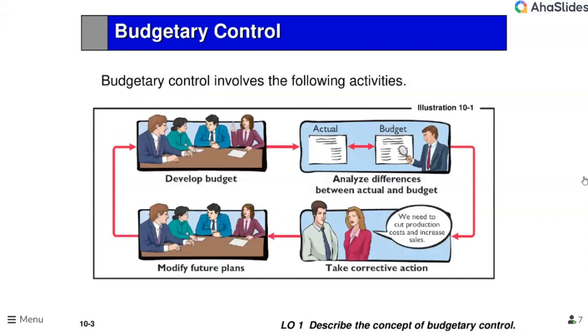So again, overview. In the last module, we looked at developing the budget. Now we've developed the budget, and now we're in the budget year, the year that you planned, and we're comparing actual results again.